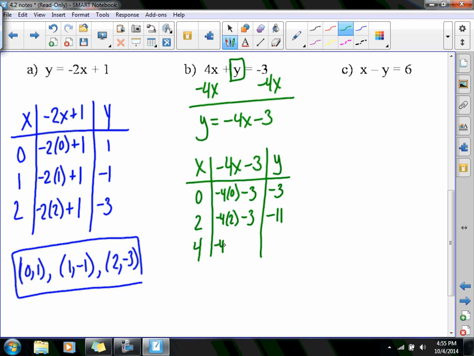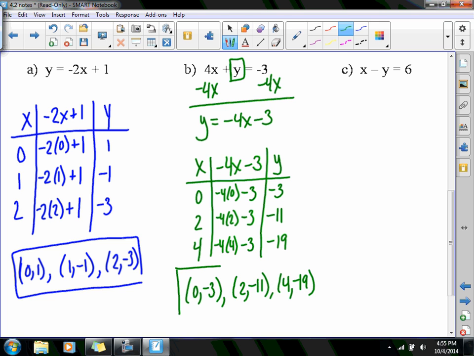And negative 4 times 4, that's negative 16, minus 3 is negative 19. So then each x and y value will be one of my ordered pairs. So those are my 3 solutions for that equation. And again, my 3 solutions might be different than somebody else's, and that's okay.